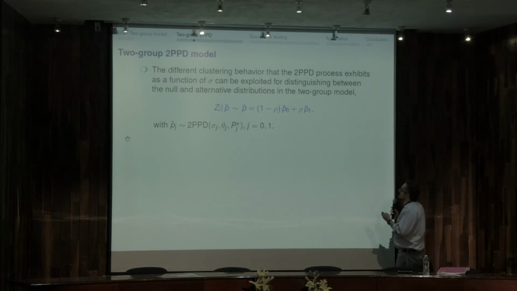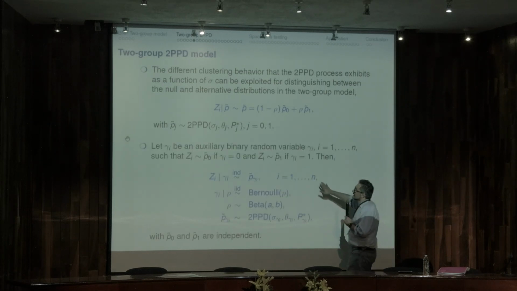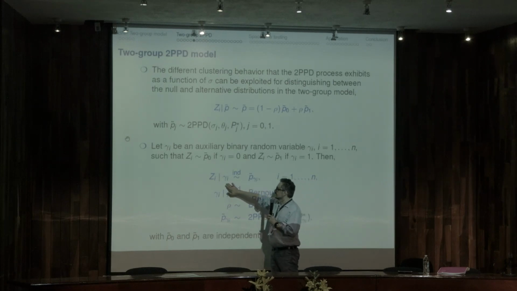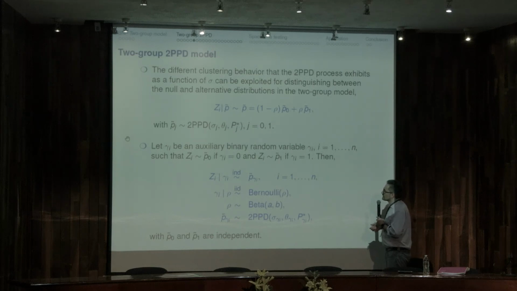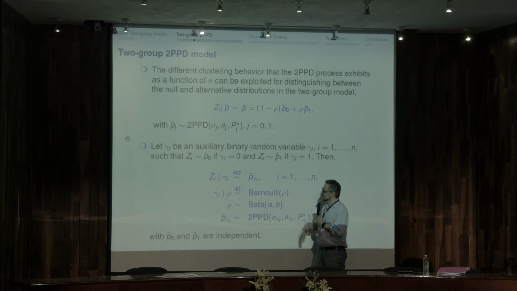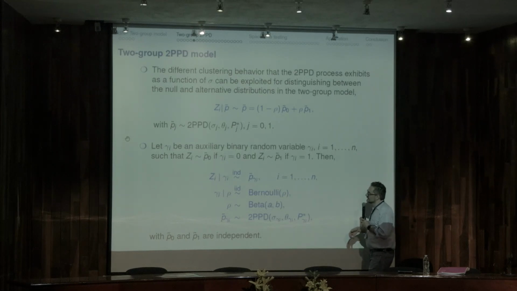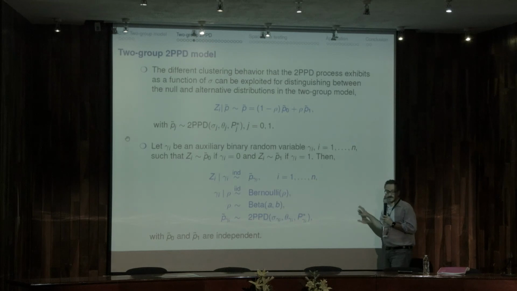So the general model, of course, can be rewritten by considering an indicator variable, gamma i, which is drawn from a Bernoulli with parameter rho, and according to the value of gamma, we are going to have a Poisson-Dirichlet process model characterizing the null or the alternative distribution.